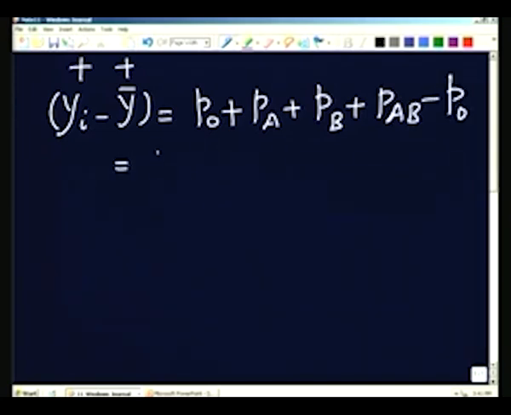This is nothing but PA plus PB plus PAB. Now, I am going to square this, okay, because I need the square of this quantity.